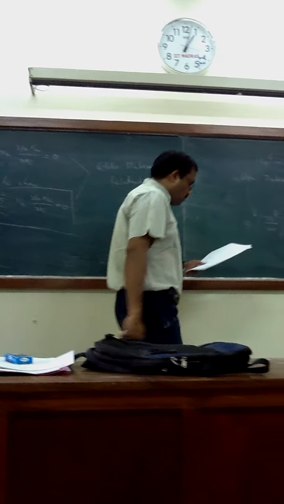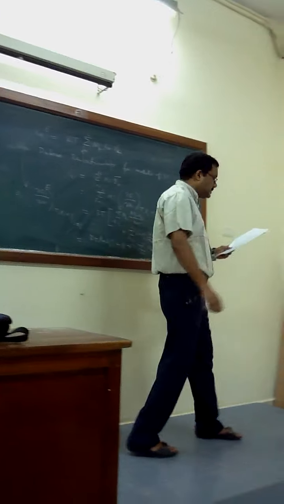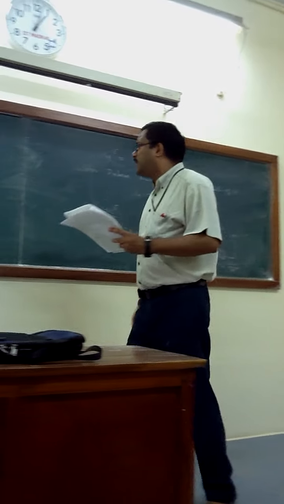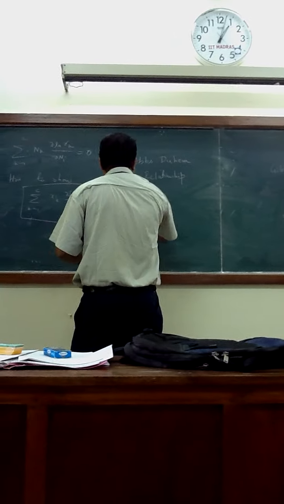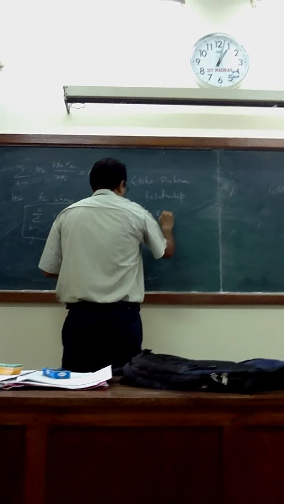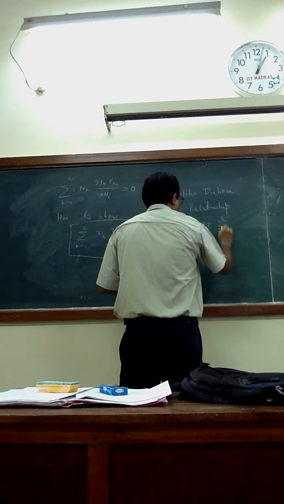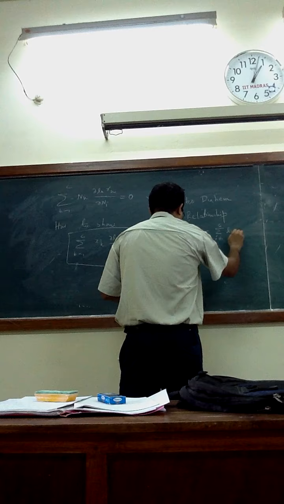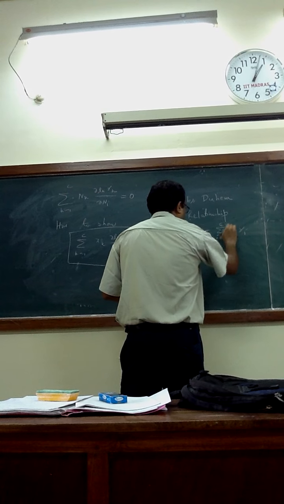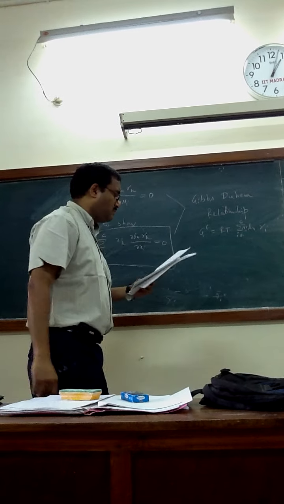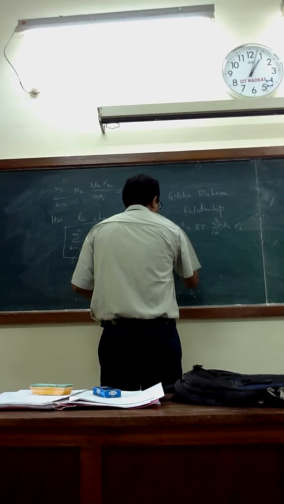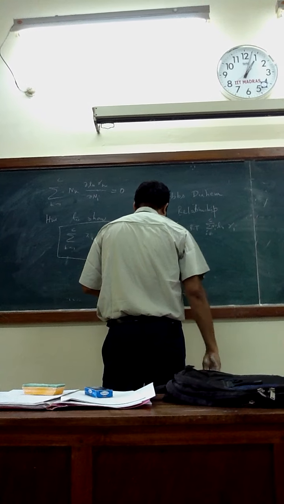Now we have to develop the models. What we have got finally: Ge equals RT summation i equals 1 to C Ni ln gamma i. If you write small g, what will you get?